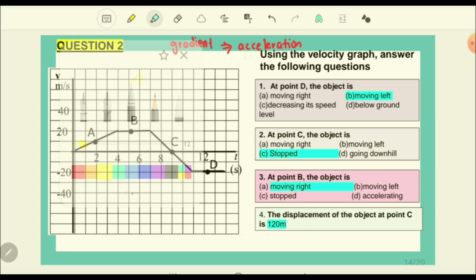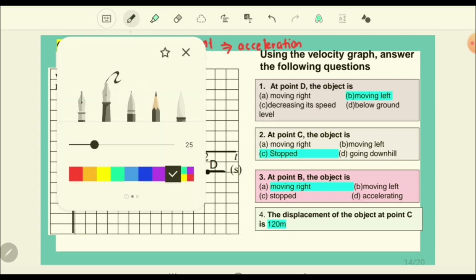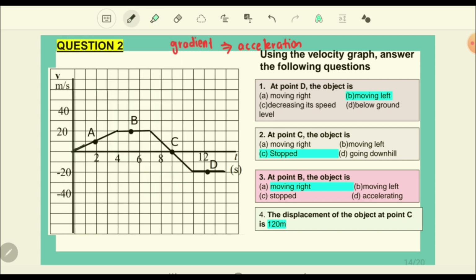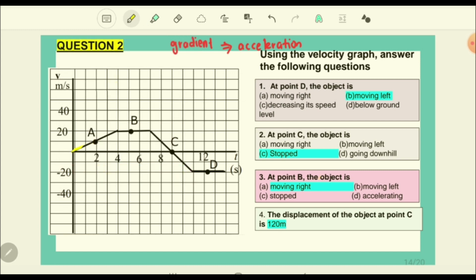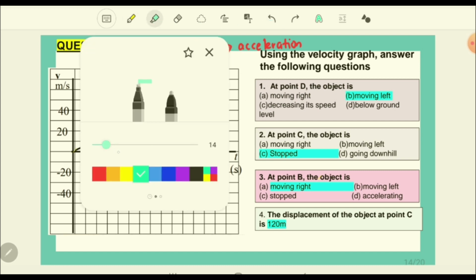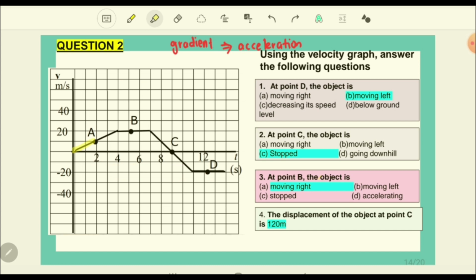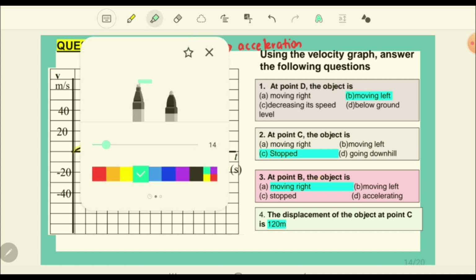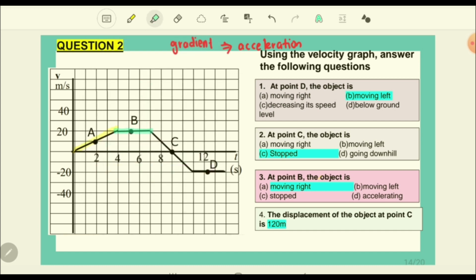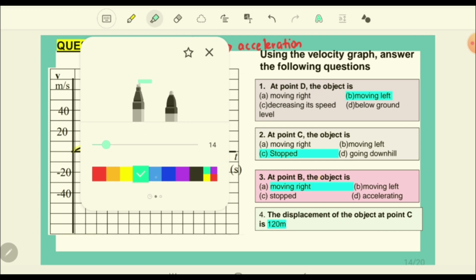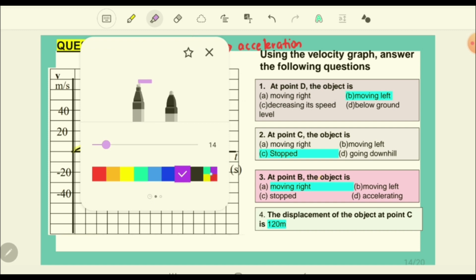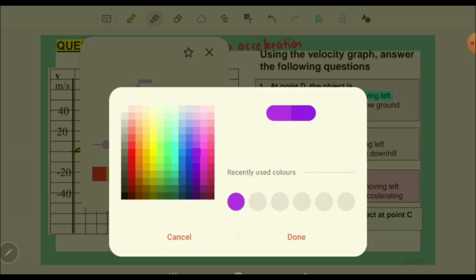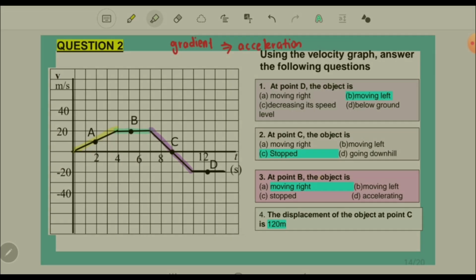Now I want to use the highlighter to highlight A, then B, then C, and the last one is D. Okay, done.